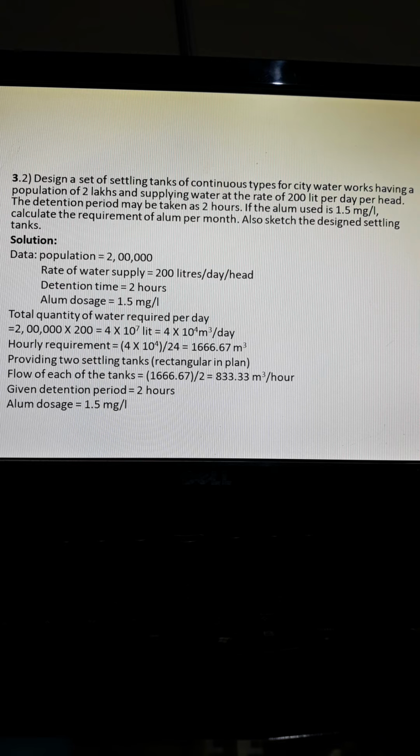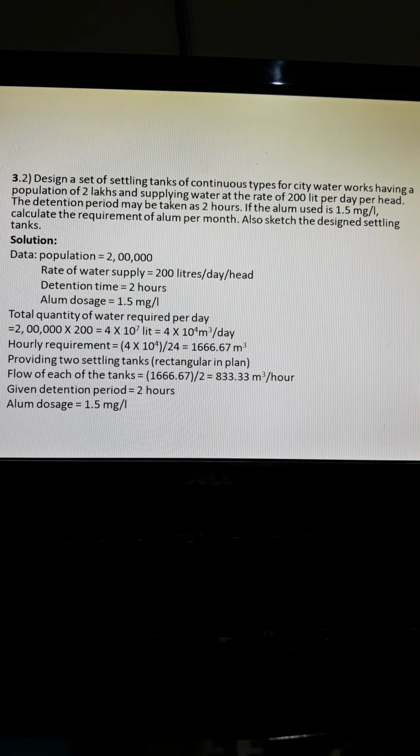So now, providing 2 such settling tanks, say rectangular in plan, which we assume since the shape is also not given, the hourly flow is 1666.67 cubic meters.